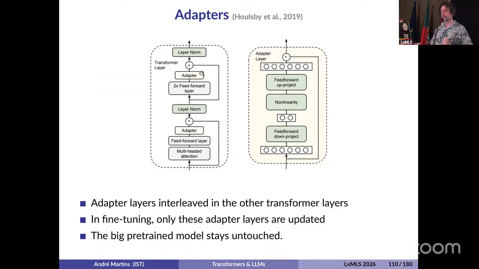In the initial version, this was interleaved with the other transformer layers. For example, after the feed-forward layer, you would introduce an adapter, and the adapter is a small model that contains a feed-forward down projection, some nonlinearity, and then a feed-forward up projection that puts things back to the same dimension size. It is a cheap way of adapting the model to specific tasks.